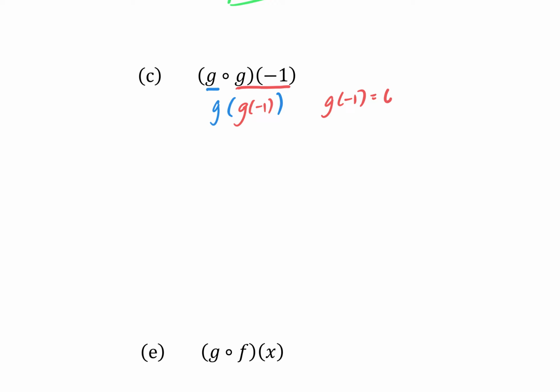So that would be 6. So I have g of 6. And now when I square 6, I get 36 plus 5. It looks like this is going to be 41.